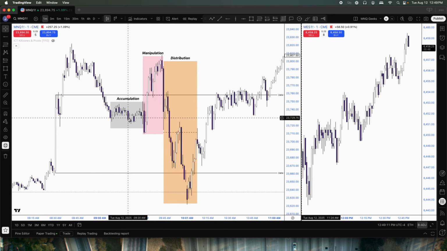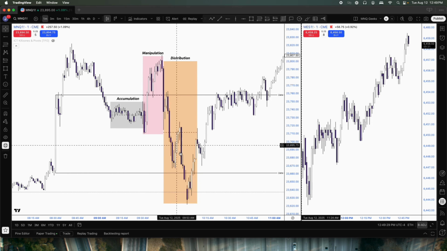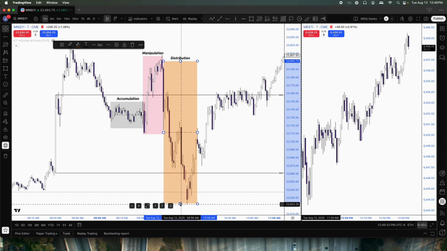So once again, accumulation, the market is consolidating, it's moving sideways, it's just generating buying power. It comes up for a strong shift upwards. And again, I looked at this as manipulation. And then we came all the way back down once again for the distribution phase of the power of 3.